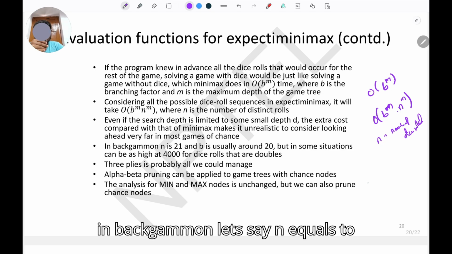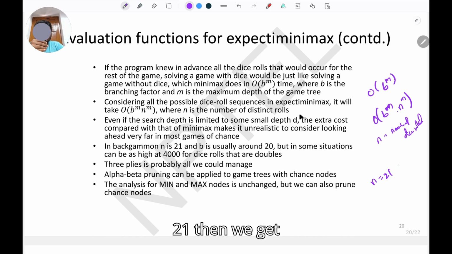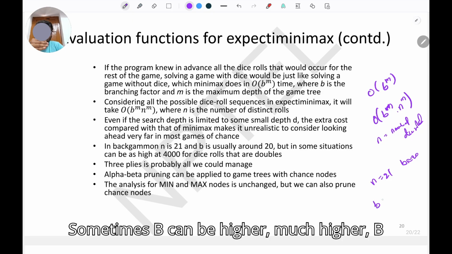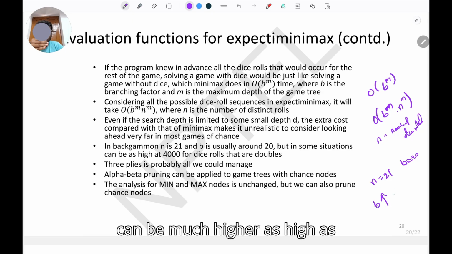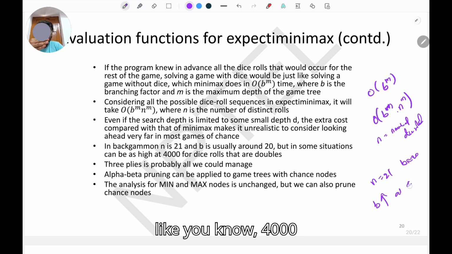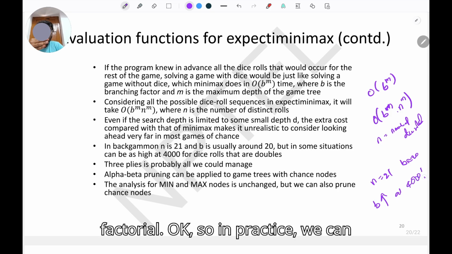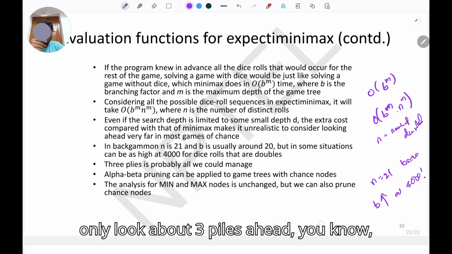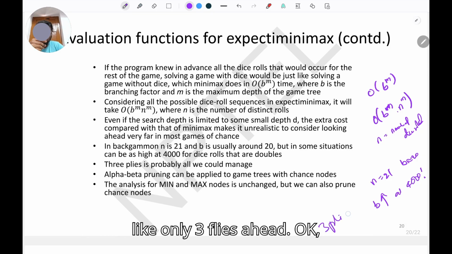In backgammon, n equals 21, and b is about 20. Sometimes b can be much higher, as high as 4000. So in practice we can only look about 3 plies ahead.